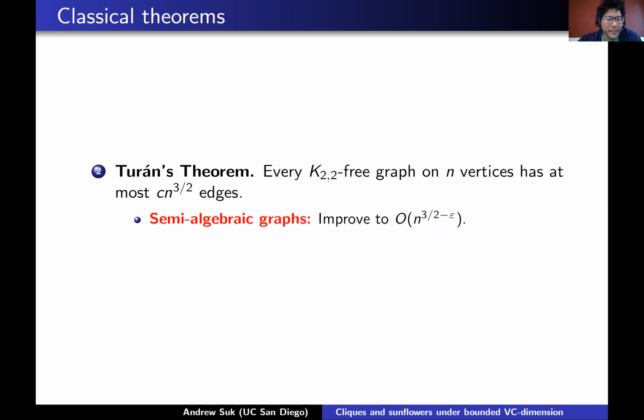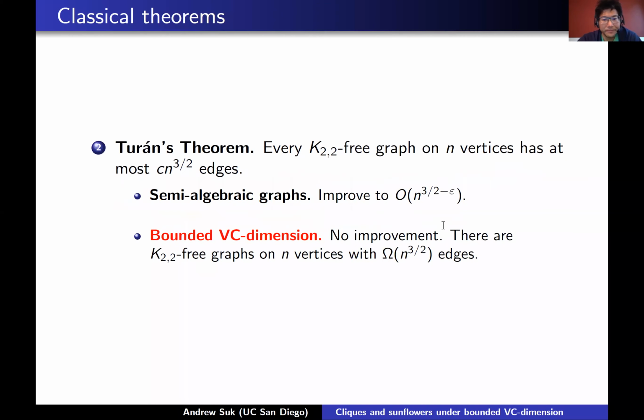But if your graph is K_{2,2}-free, then it already has bounded VC dimension. And so the bounded VC dimension setting doesn't help your situation. It's known that there are K_{2,2}-free graphs on n vertices with at least n to the 3/2 edges. So here, there wouldn't be any improvement.